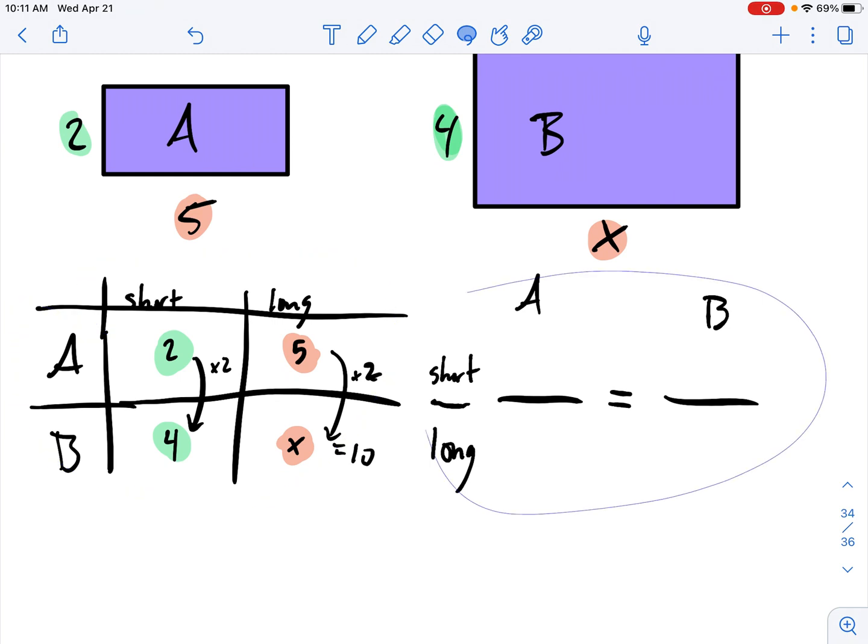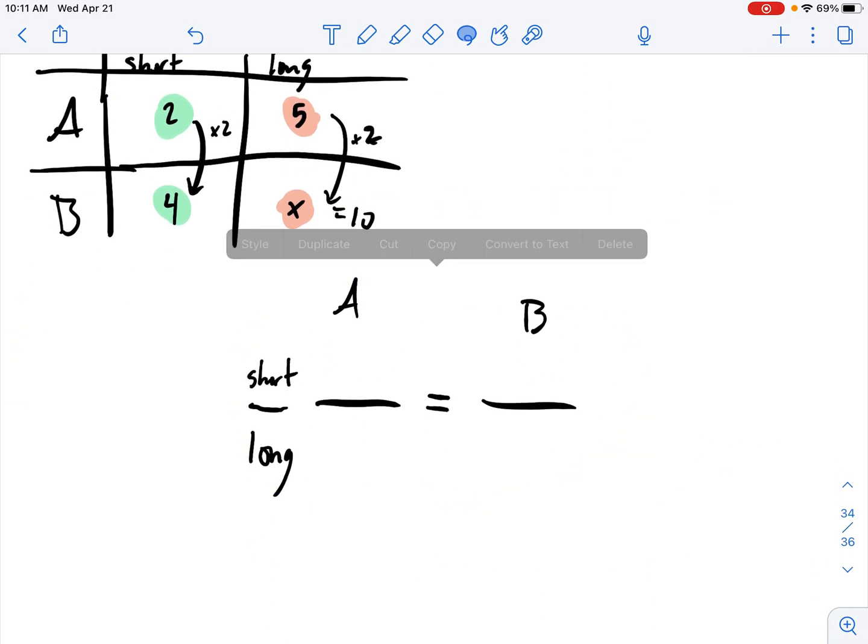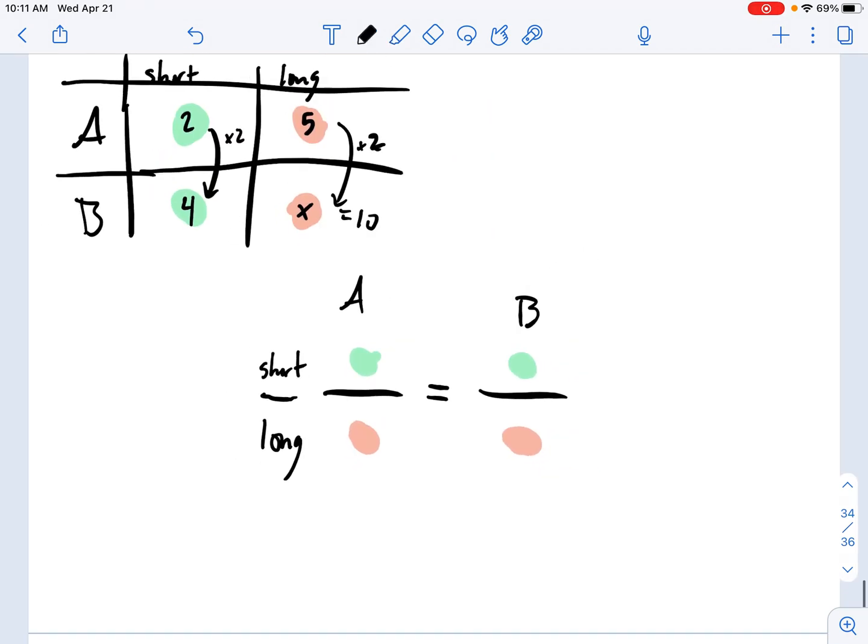I actually want to move this down. So short on top, long on the bottom. We are making a ratio of the side lengths. And when they're set equal to each other with this equal sign, it's called a proportion.